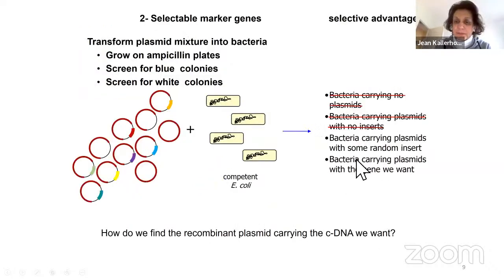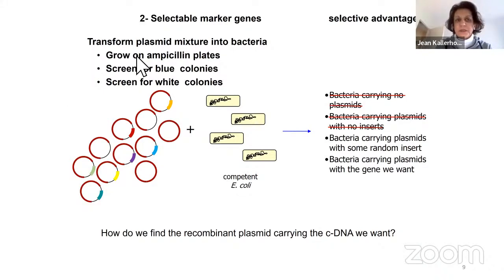And this is the bacterial colonies that we want to select. And therefore, when we transform the bacteria, we're going to use the two properties I spoke about: selectable marker genes and reporter genes.